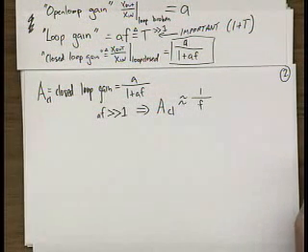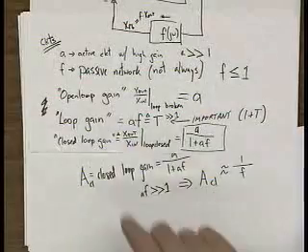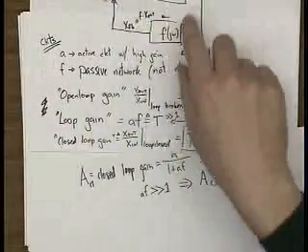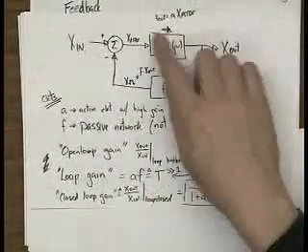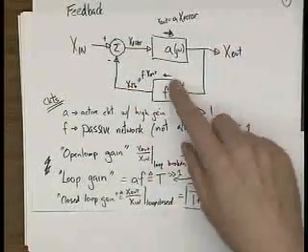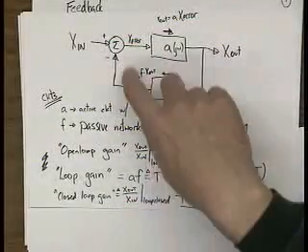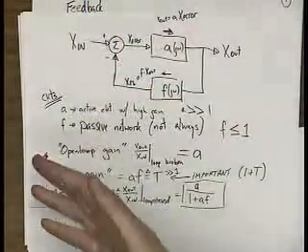Can you talk about what is the loop gain compared to closed loop gain? Okay, it's all right here. Loop gain is just the gain around the loop. And you can see right away that it's AF. You traverse the loop, you break the loop somewhere, and you traverse it.